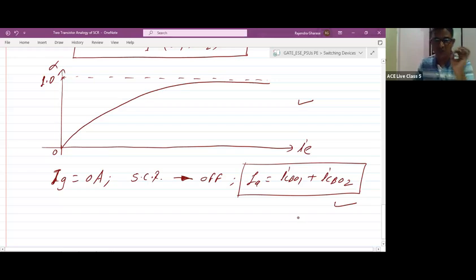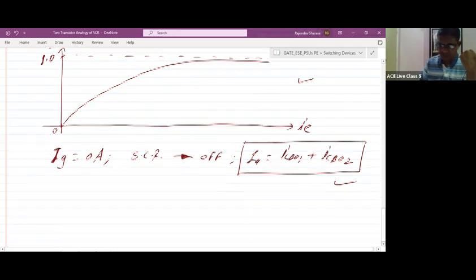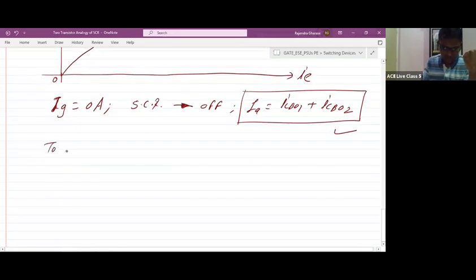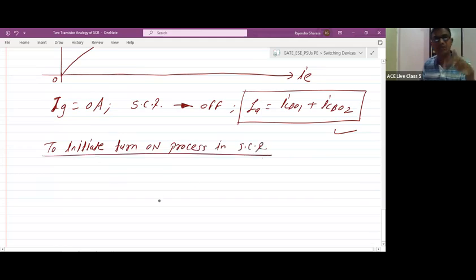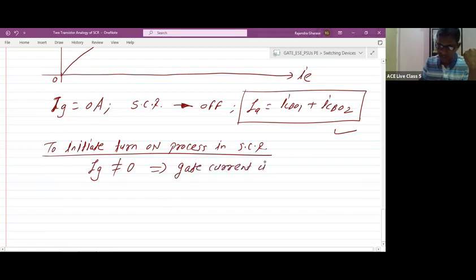Now, suppose in order to turn on the SCR, we have started circulating the gate current. To initiate the turn on process in SCR, we have started circulating the gate current in the gate cathode circuit, right?